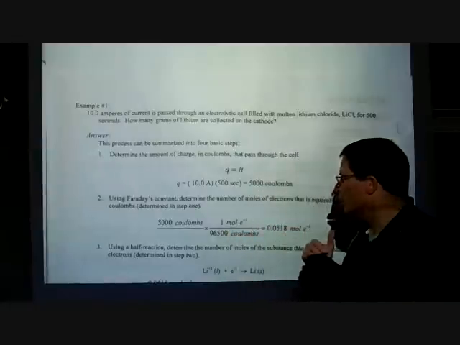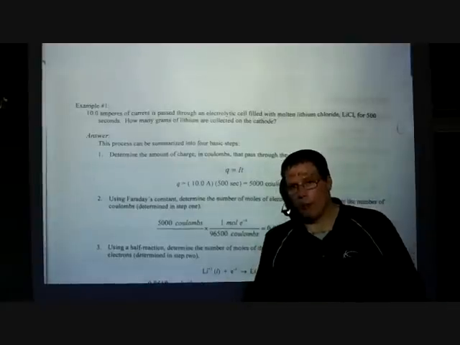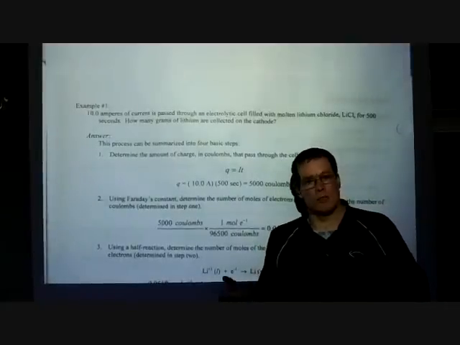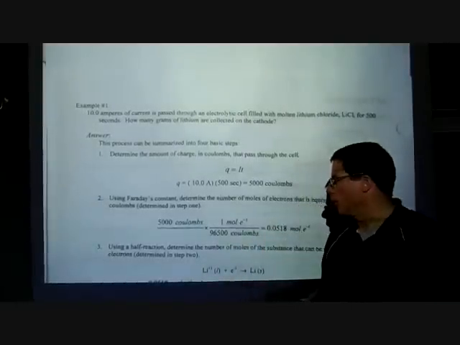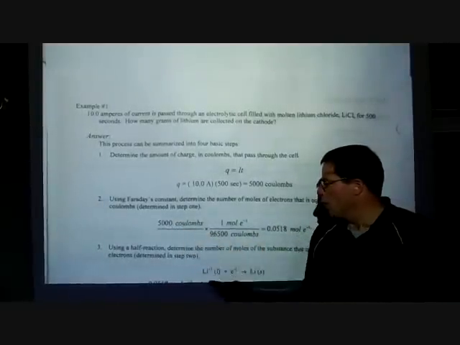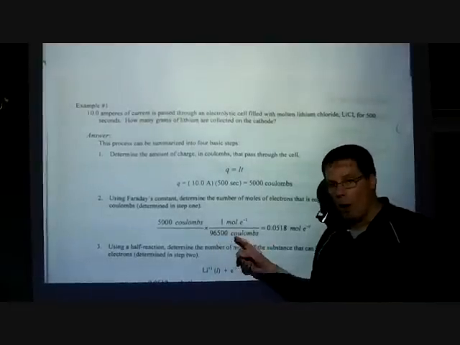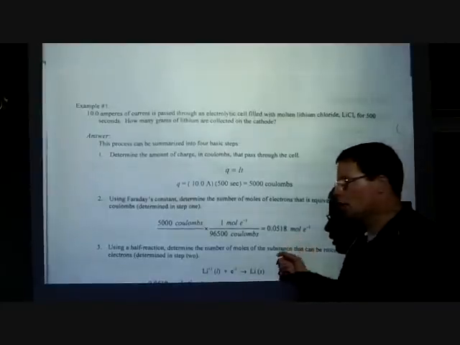Then we're going to use Faraday's constant to get rid of the unit coulombs and change it into the number of moles of electrons that are actually being consumed or used in the reduction process. So we have 5,000 coulombs, and do remember Faraday's constant is 96,500 coulombs per mole of electrons. So that'll tell us how many moles of electrons we have.